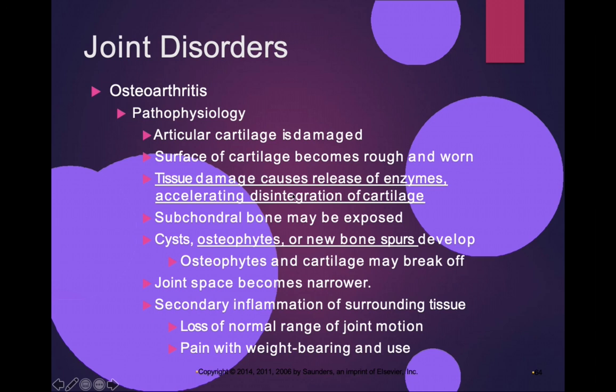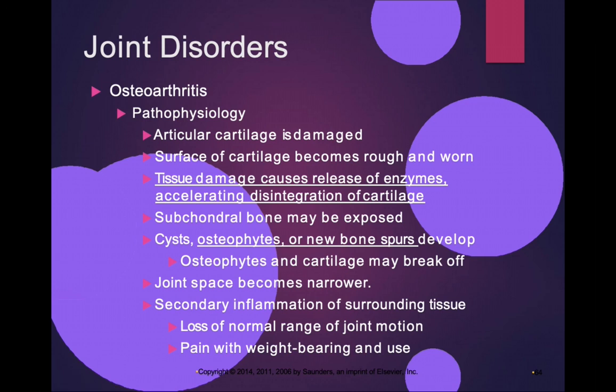These enzymes further accelerate the disintegration of the cartilage there. And remember, cartilage is not vascular, so it's not going to get nourishment quickly. Cartilage only gets its circulation from synovial fluid. Then you start to get the osteophytes, which are little bone spurs that develop that try to create more stability, but they have negative consequences. You can get cysts that are there.